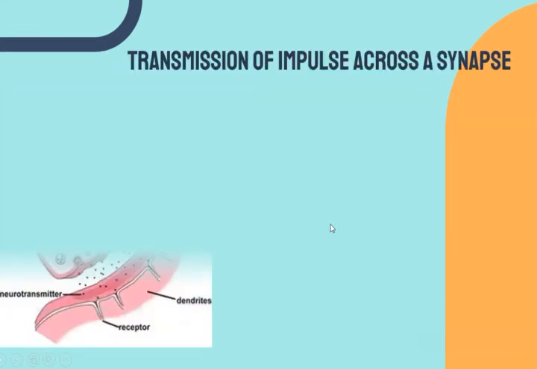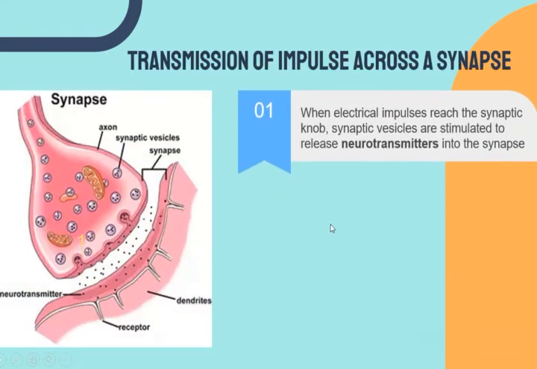Okay, now we go to the transmission. How are the impulse or the signals transmitted across a synapse? This is referred to as the synapse. What is a synapse? It is a narrow gap between the synaptic knob and the dendrites of the other neurons.